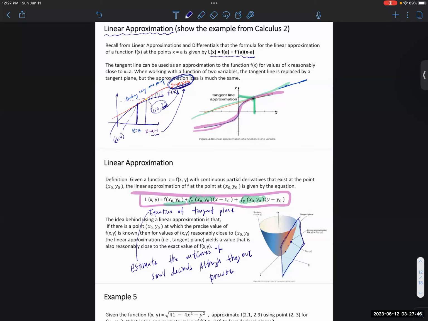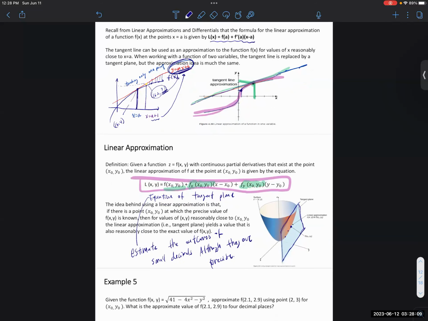Even though you plug an input into the tangent equation, that doesn't mean you have the correct outcome. Your correct outcome is still here. But by using the tangent equation, you can approximately estimate the outcome. That's the role of the tangent equation or tangent plane in both 2 and 3-dimensional space.